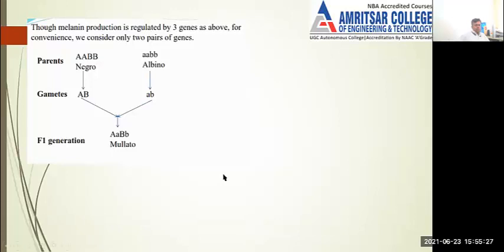Melanin production is regulated by 3 genes. For example, we are considering only 2 pairs of genes, A and B. The capital letter is dominant, the small letter is recessive.